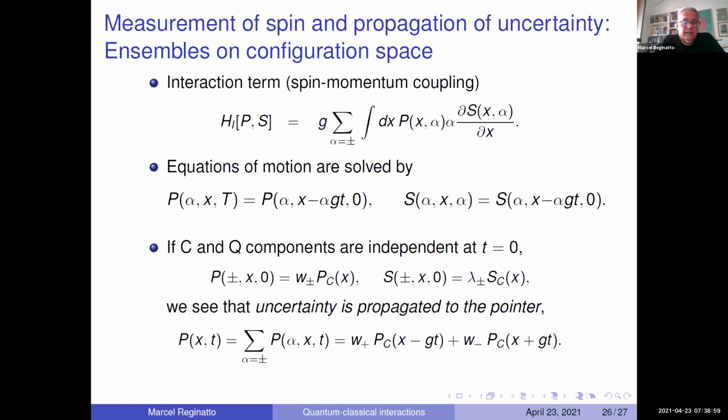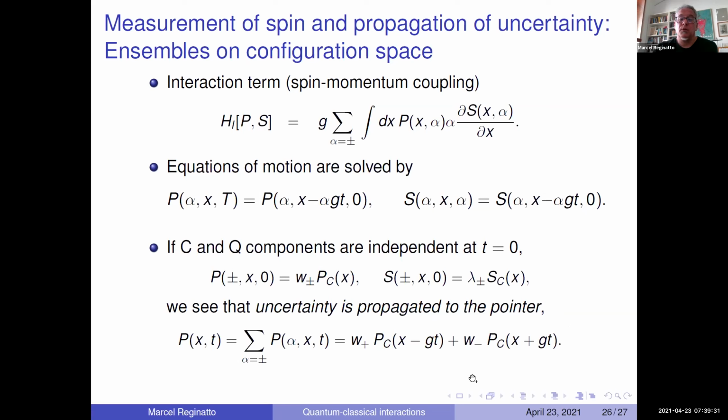And the point that I want to make, if you look at the last slide, is that if the probability of spin up is W plus and the probability of spin down is W minus, then this uncertainty gets propagated to the pointer. And what you end up with here is an equation that tells you that with probability W plus, you will see the pointer move to the right.